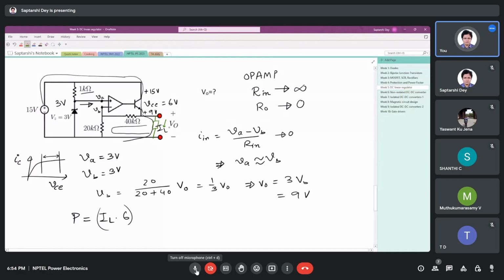So what happens is the load voltage reduces. That will reduce VB, that will increase this voltage, which means the base drive increases.